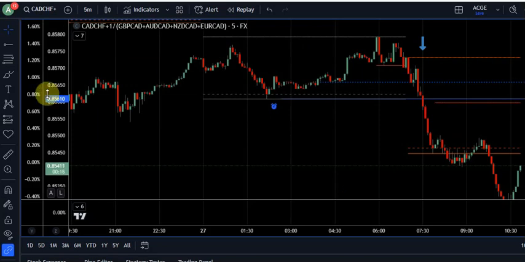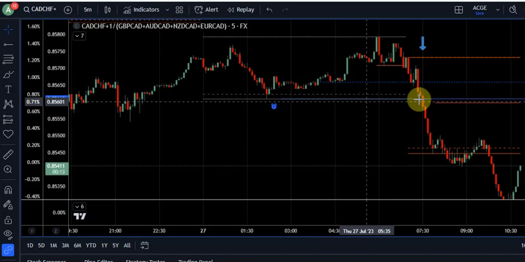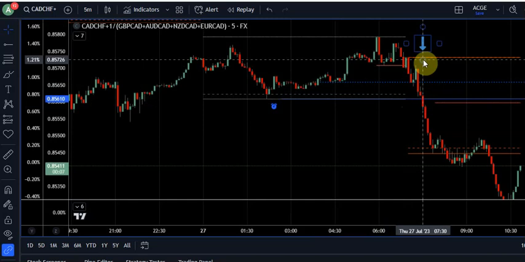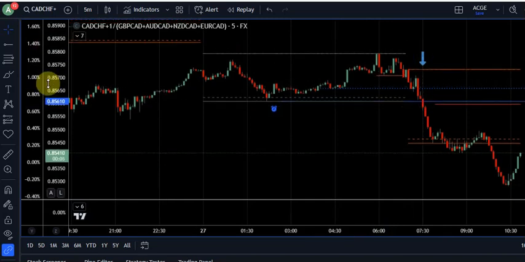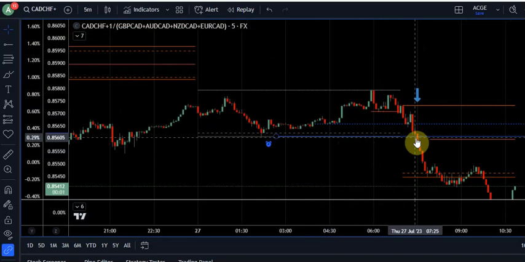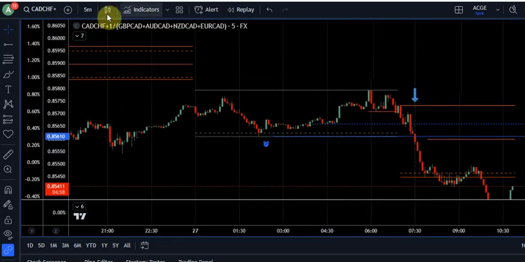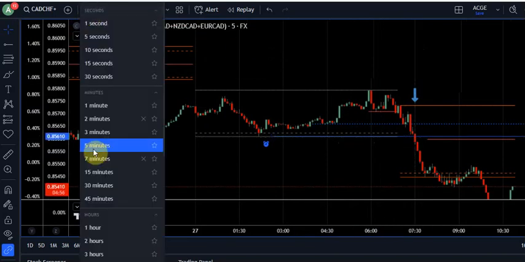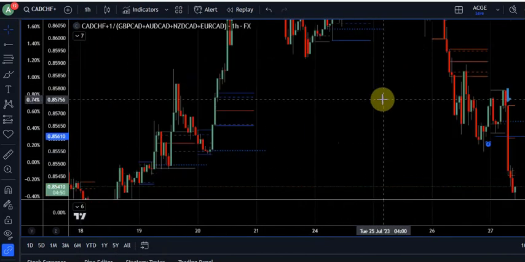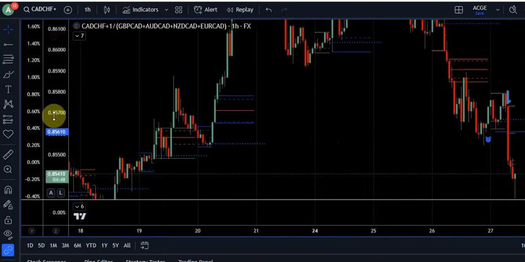Okay, so this is the CAD we're looking at, and what happens on the CAD is at 7:30, exactly the same time as the Swiss is breaking its range to the upside, CAD is breaking its range to the downside. Which in theory should mean a CAD Swiss short should be excellent. So before we go and look at the CAD Swiss, we just want to check what's happening on the higher time frame.